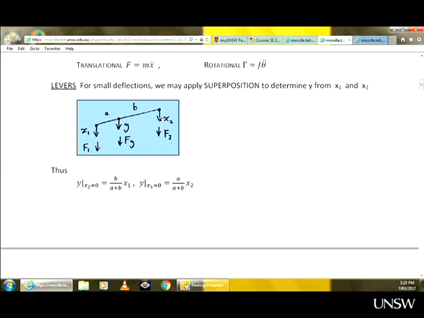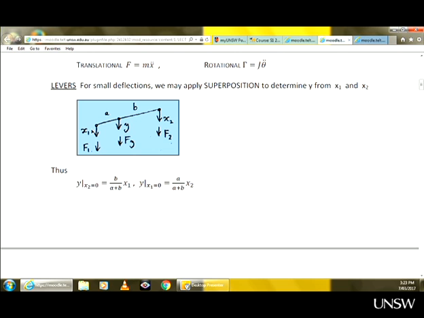Of course, the assumption here is that those displacements x1, y, and x2 are small, so you can assume they are linear, moving along straight lines. If those displacements are not small, then you have circular, or should I say angular motion. So assume small displacements.